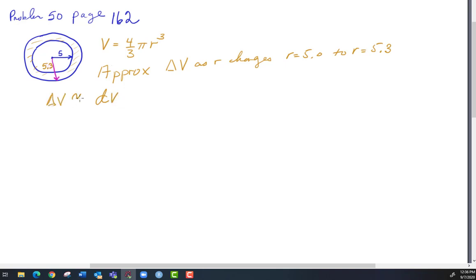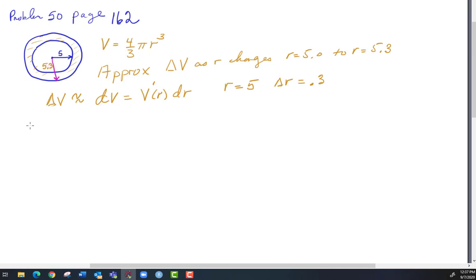Delta V will be approximately the same as dV, which would be equal to V prime of R dr. And we know that the R we start with is equal to 5 millimeters. And the delta R, how much did R change? It went from 5 to 5.3 millimeters. And so the delta R is 0.3, and those units are millimeters.